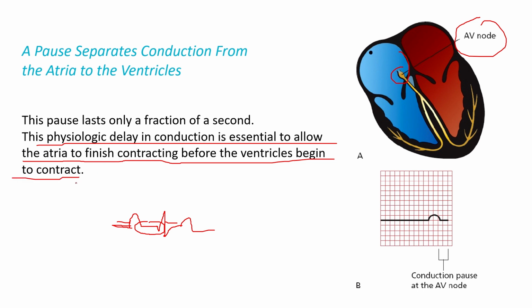So we really need this normally. That's why you see this straight line here, represented by the AV node. So the AV node is neither a part of atrial depolarization nor ventricular depolarization. It is independent, and it's represented by this straight line.